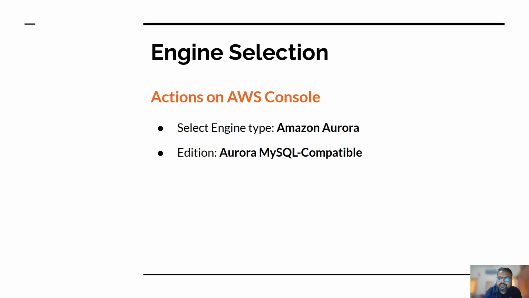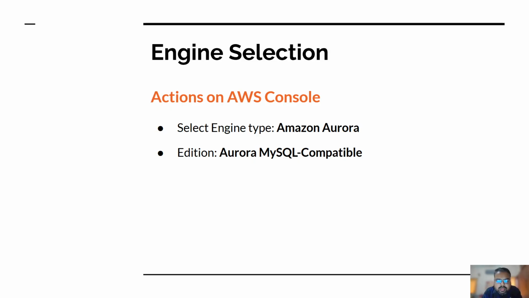In these engine options, we are going to select Amazon Aurora, the MySQL compatible edition.